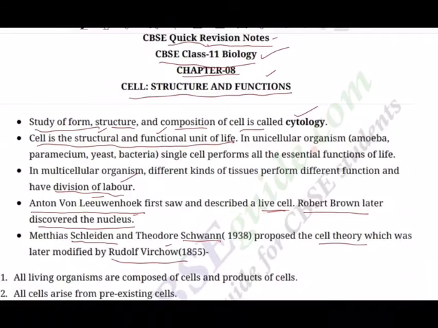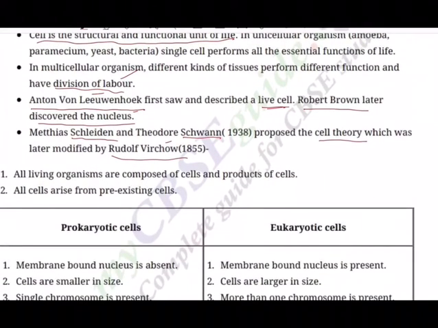All these scientist names you need to remember because of your UPSC exam. All living organisms are composed of cells and products of cells, and all cells arise from pre-existing cells.